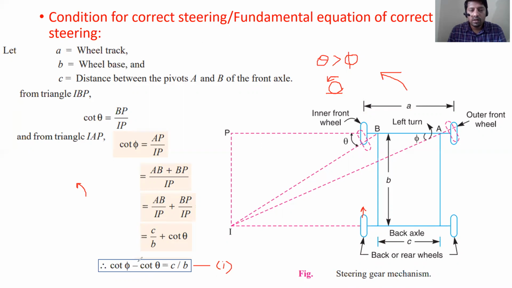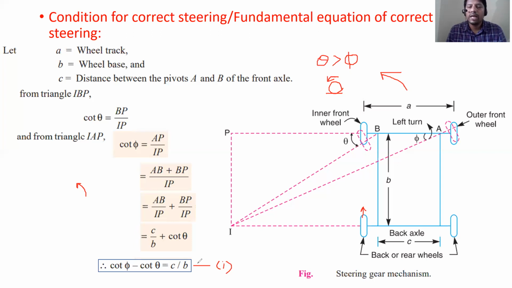If at any turning angle this difference is not equal to C upon B, then the vehicle will skid, will slip in turning.